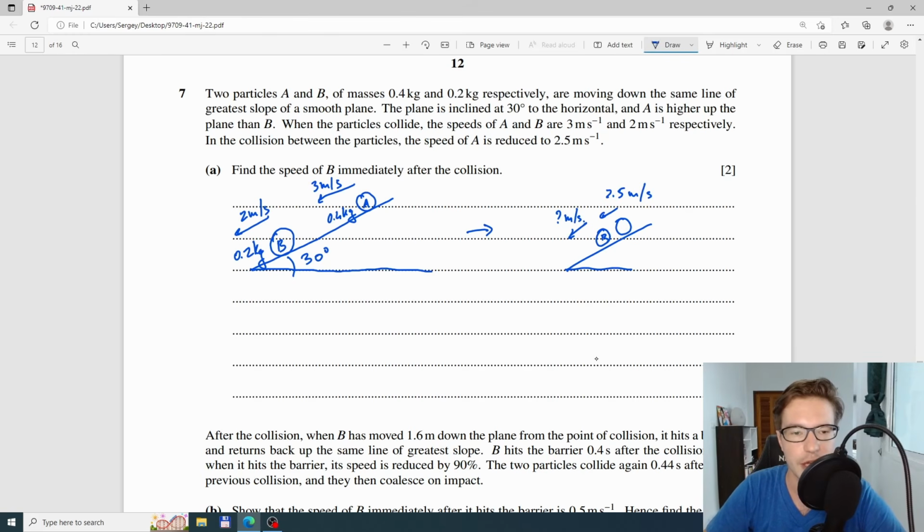So before the collision, the total momentum of the system was 2 times 0.2, that's for the particle B, plus 3 times 0.5, and that must be equal to momentum after collision, which is 0.2 times velocity of the particle B, plus 0.4 times 2.5. That's for the particle A. And from here, we can find velocity of B, which is equal to 3 meters per second. That's the final answer.